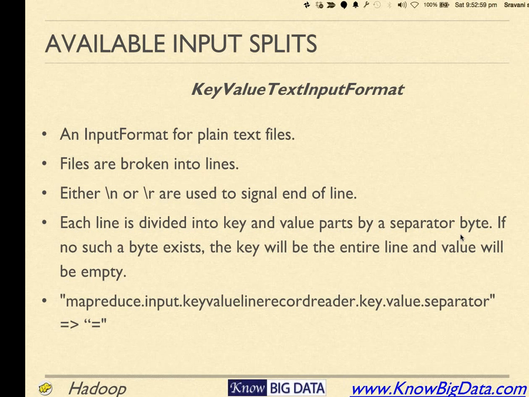If you are talking about geospatial images, you can tell your input split that each record means one layer of the image. So one layer of the image will go to one node and another to another node, and so on.